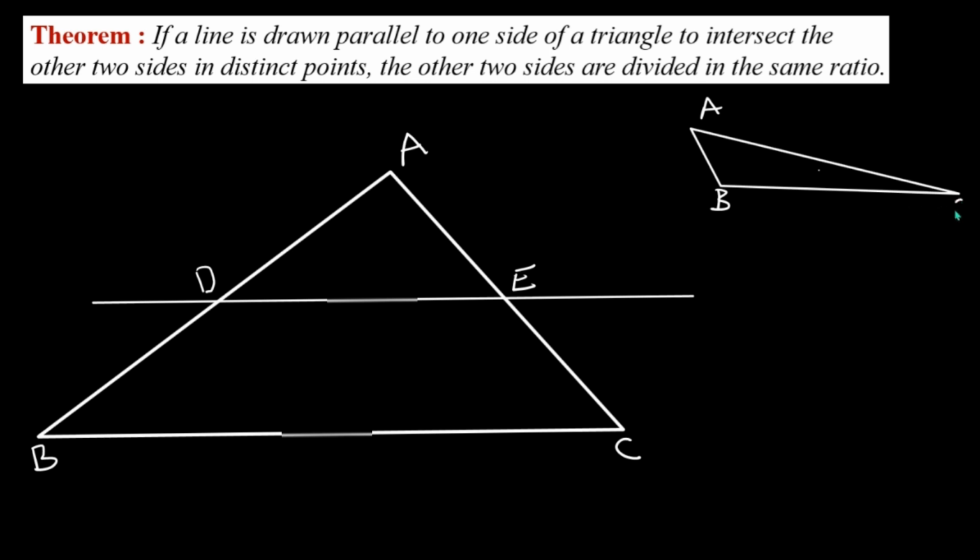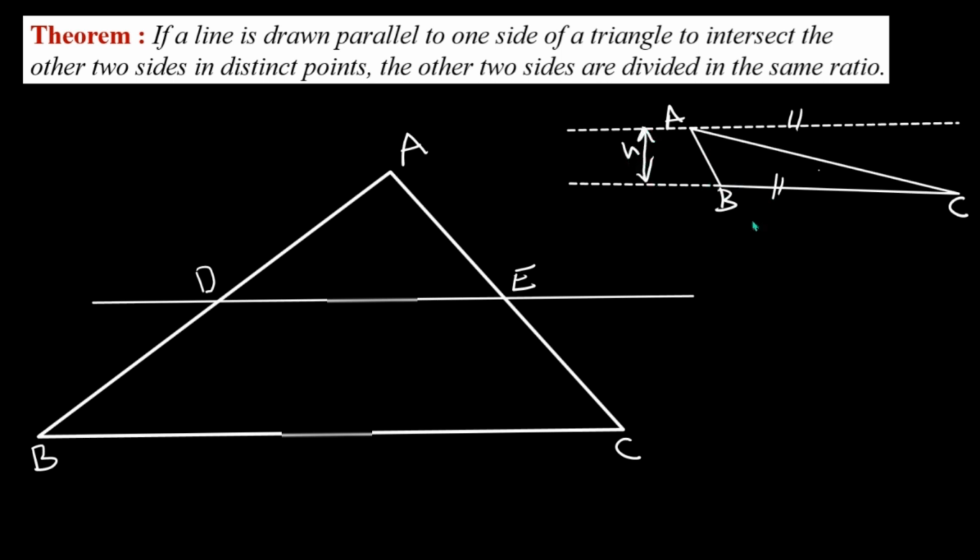Let's draw a parallel line to BC from the point A. I'm extending BC some more distance. These 2 lines are parallel. Let the distance between these 2 lines be H, which we refer to as the height.